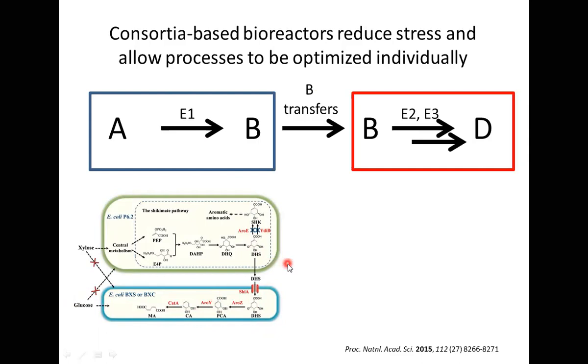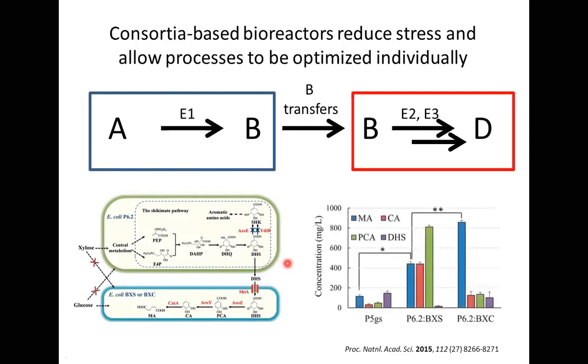What those stand for is not really important, but what is important is if you have a bacterium which is engineered to do all of these steps from the xylose to these products, the yield or the amount that you get out is relatively low. And that's what you're seeing in this P5GS column.